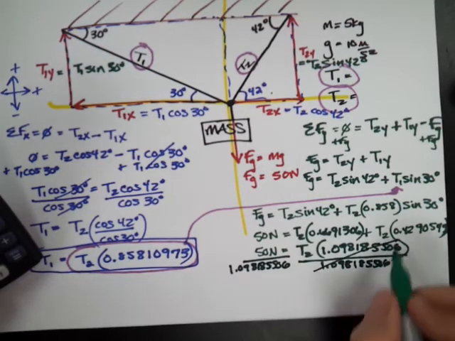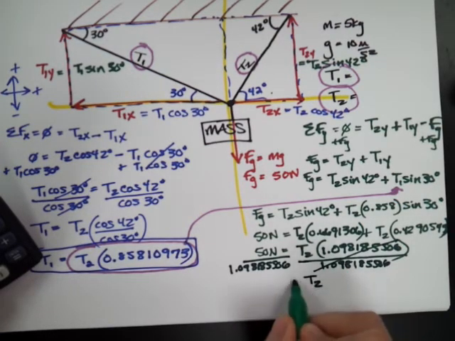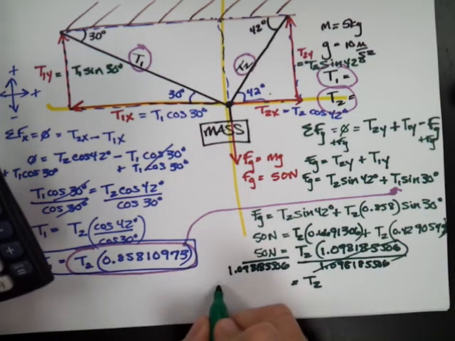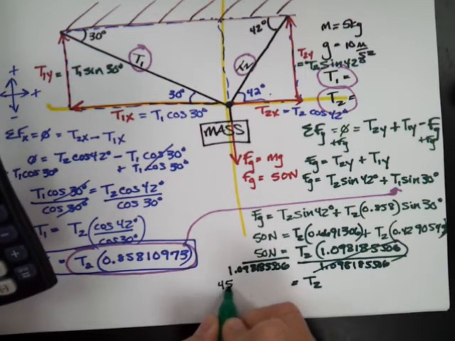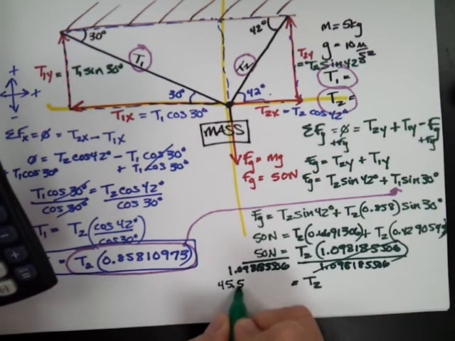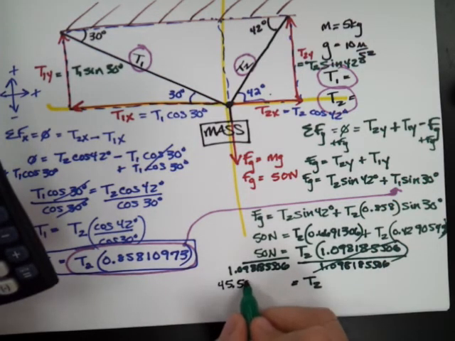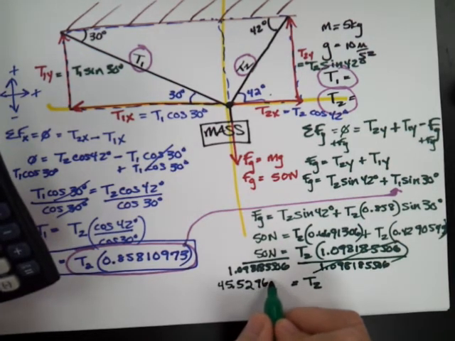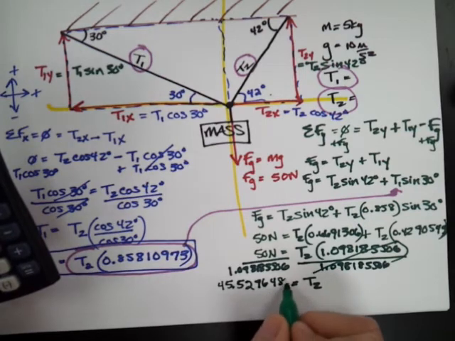So that gets rid of that. So I have T2 equals 50 divided by that, my answer. Got that as 45.529648 newtons.